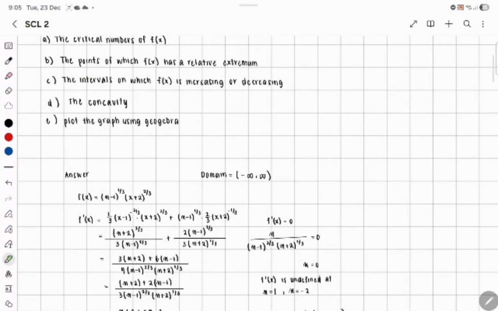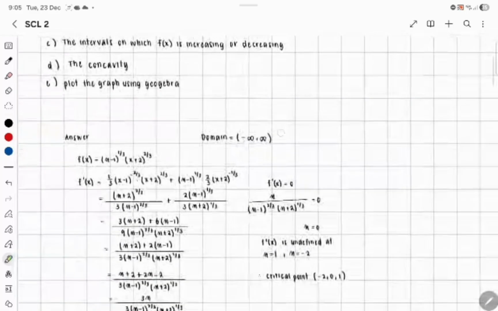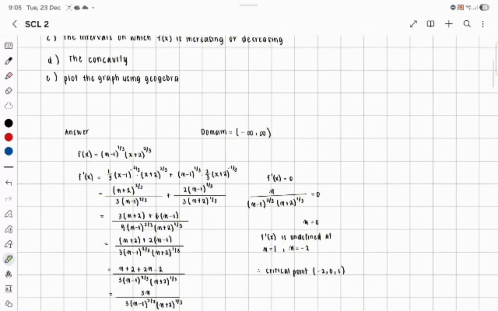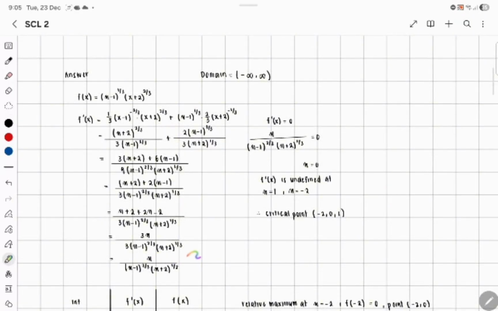Second, we need to find the critical numbers. First, we need to find the first derivative. For the first derivative, we can use the product rule and chain rule. From that we can simplify until we get this answer, and then we set the first derivative equal to 0.